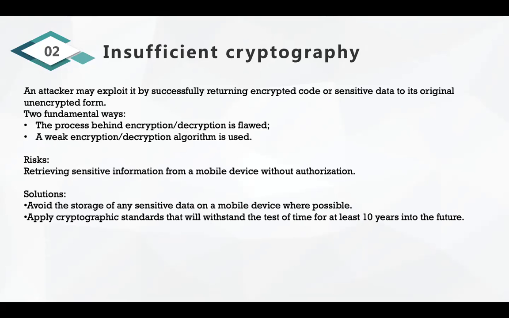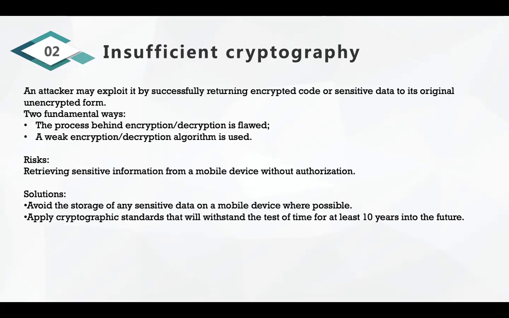Second, the app may implement or leverage an encryption or decryption algorithm that is weak in nature and can be directly decrypted by the attacker. This vulnerability will result in the unauthorized retrieval of sensitive information from the mobile device.